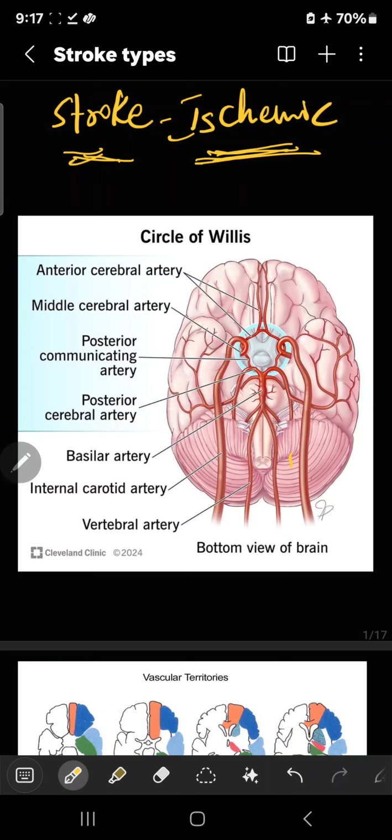These vertebral arteries are the two arteries coming from the backside of your neck, and these two join to form the basilar artery, which continues and bifurcates into the posterior cerebral artery on both sides.